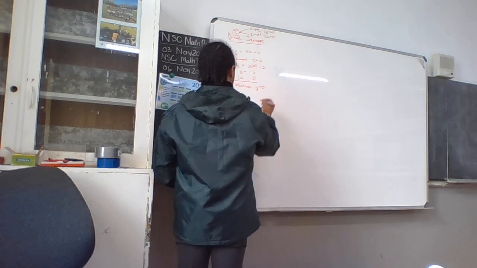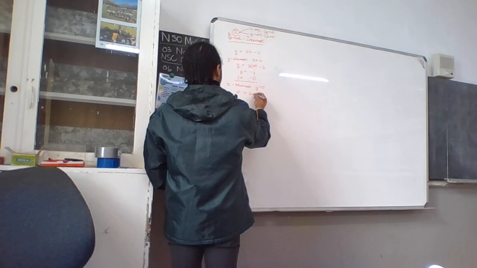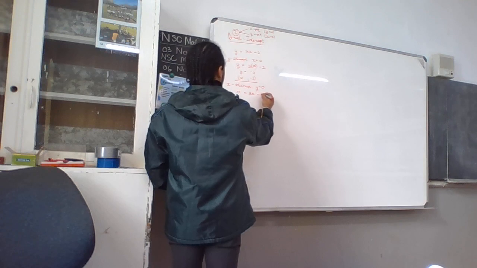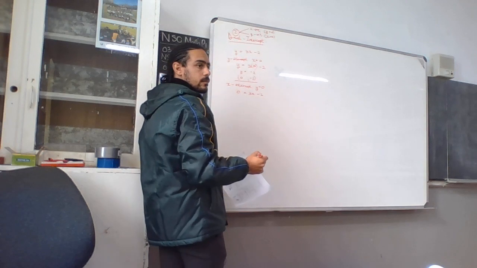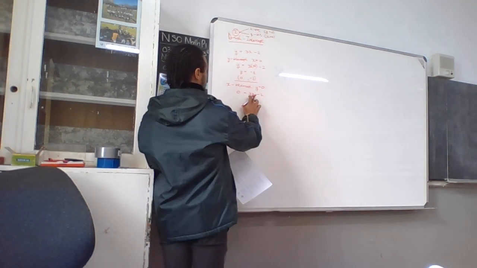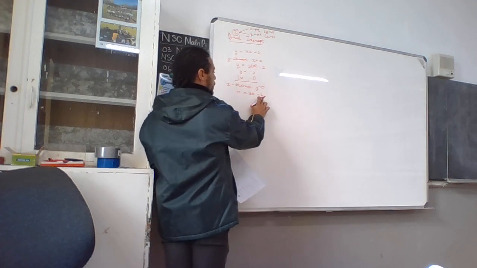I say y equals to 0. So that means I'm going to say 0 equals 3x minus 2. What do I want to solve here? x. Alright, so I'm going to take that -2 over to this side.